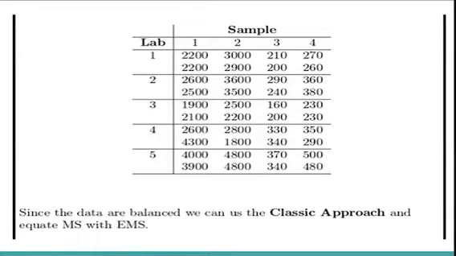Does that make sense? What qualifies a factor to be random is that the levels are selected from the population. So that is what makes them random. Now, don't forget, we have 2 different approaches that we normally use in estimating parameters in our model. The first is the classical approach.